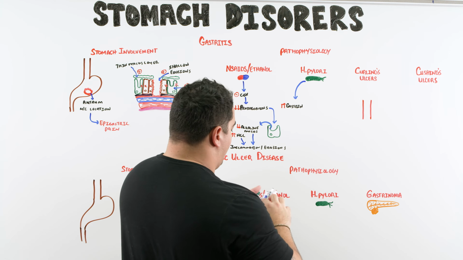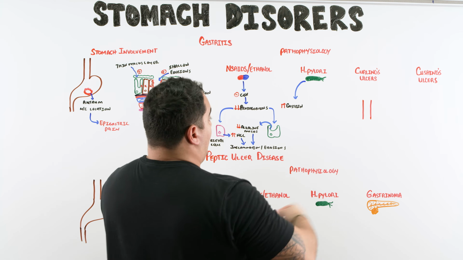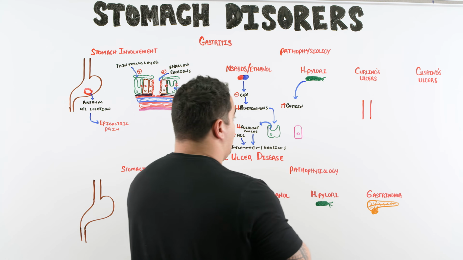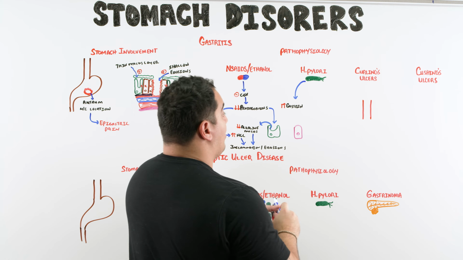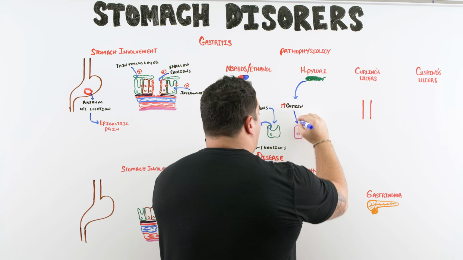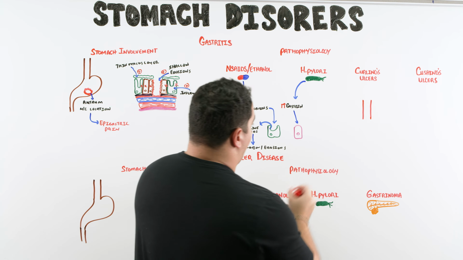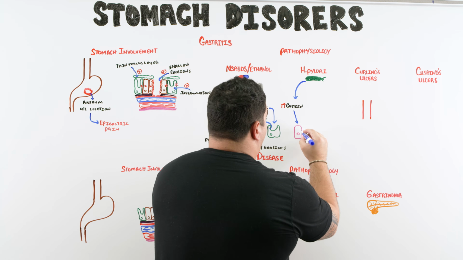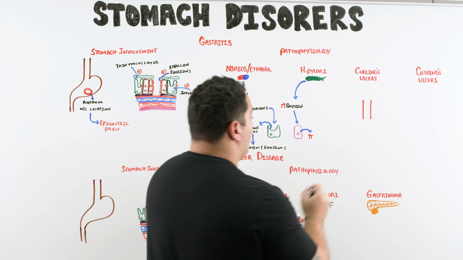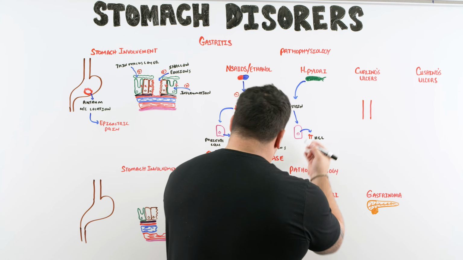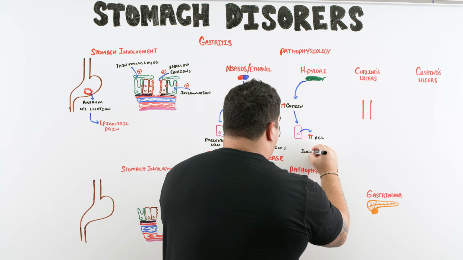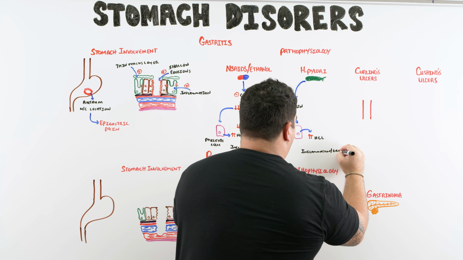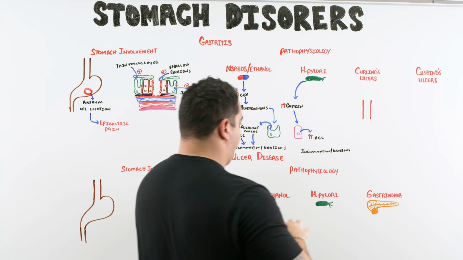The thing with gastrin is it has a direct stimulatory effect on parietal cells. And if gastrin is in high amounts, it'll stimulate these parietal cells, and these parietal cells will pump out tons of hydrochloric acid. And if they pump out hydrochloric acid in very large amounts, what do you think it can do? We already talked about it. It'll lead to inflammation, and it'll lead to erosions of the stomach mucosa.